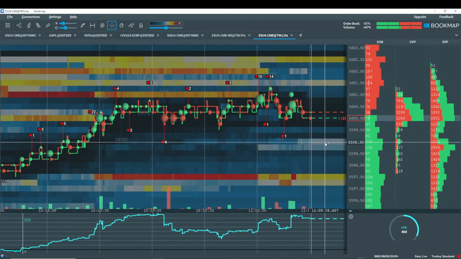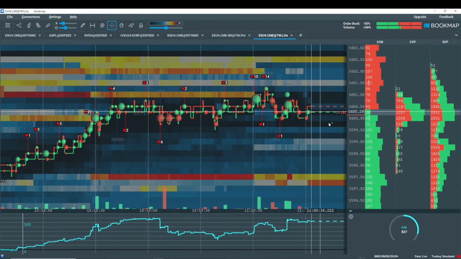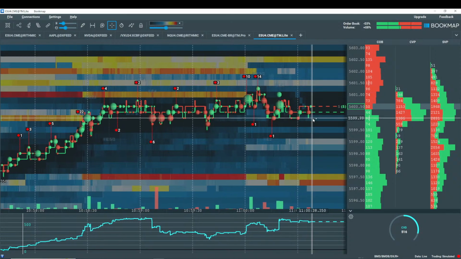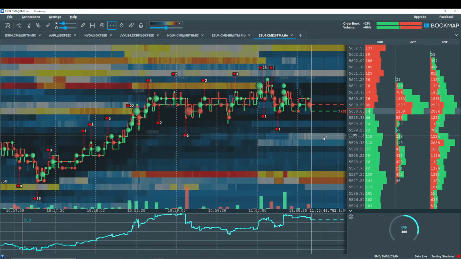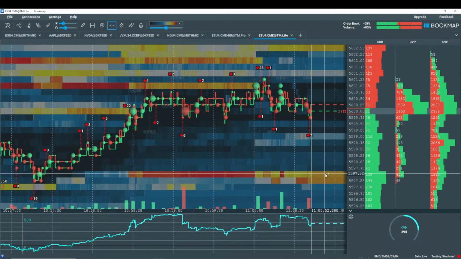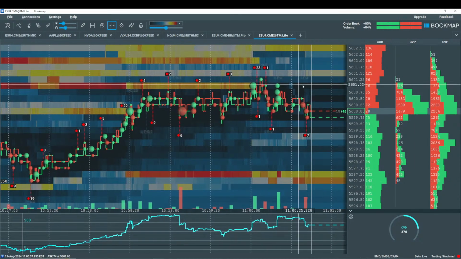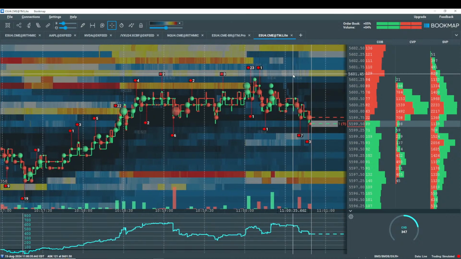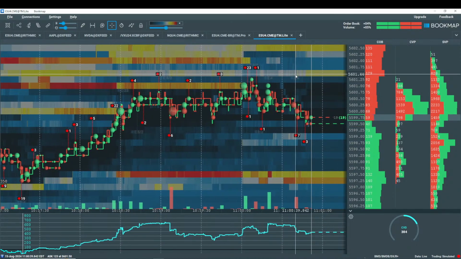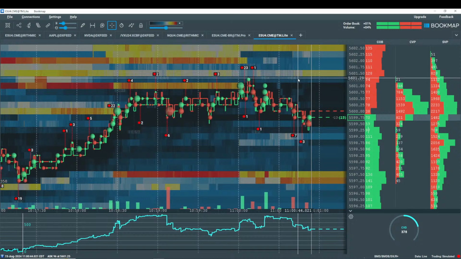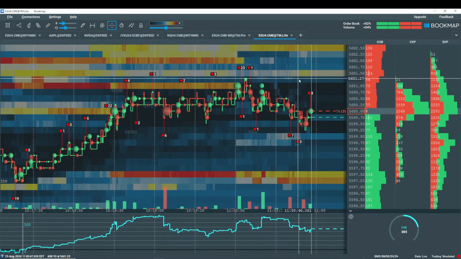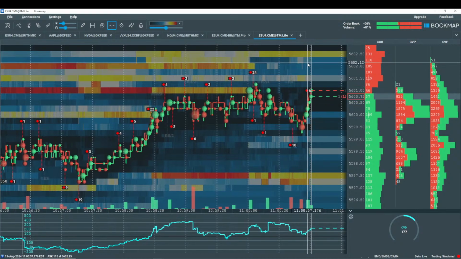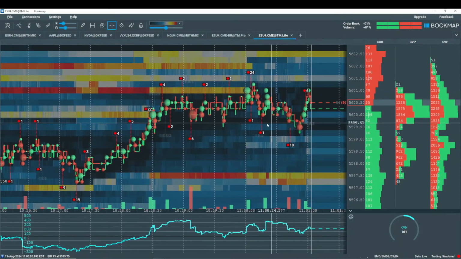I'm looking for these sellers to hit the bid, and I know we got a strong bid though, which I don't like, but I think we're just due for these guys to get out of the way, for sellers to try to take it back down to the bottom of this range here. That was it. That's all we got.